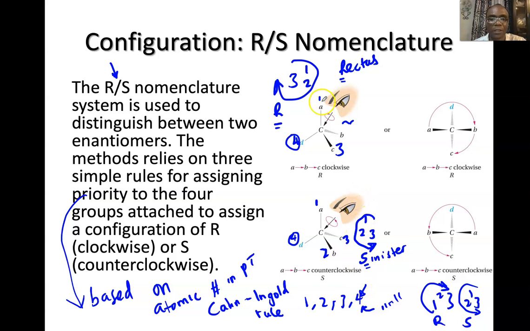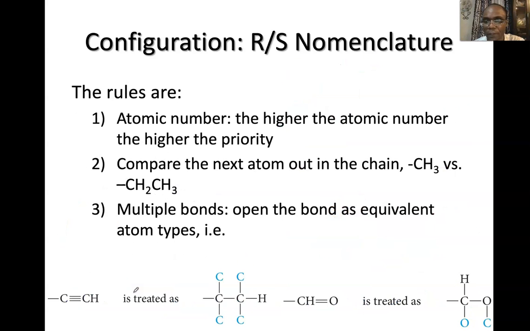I repeat, before you assign R or S, always make sure group 4 is away from you. So again, we'll use atomic numbers to rank and assign priorities 1 through 4, according to the Cahn-Ingold-Prelog rule.